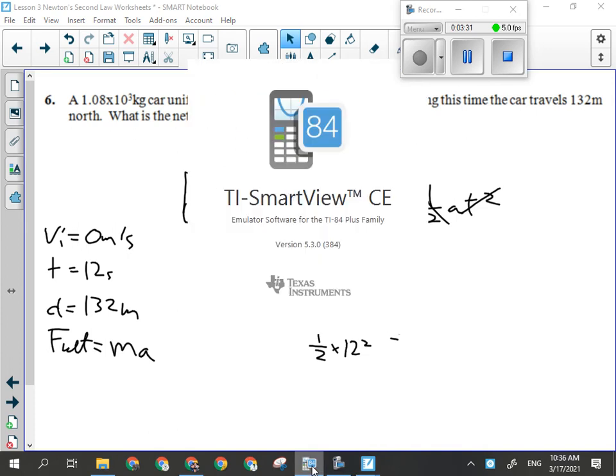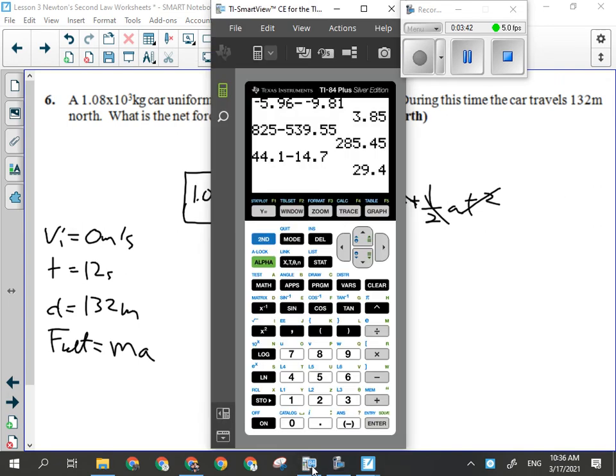Sorry, I forgot to fire up the calculator. 132 divided by 0.5 times 12 squared.